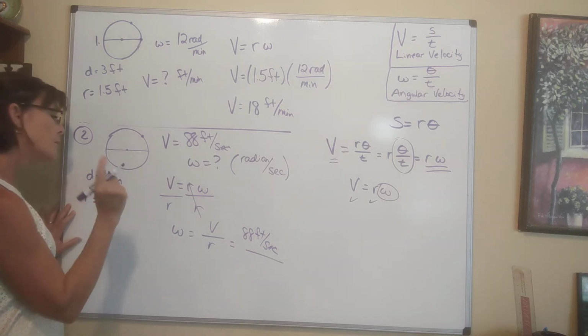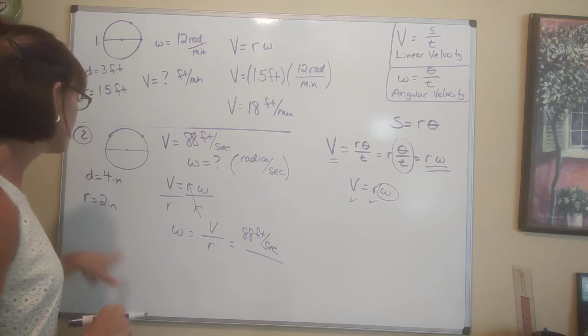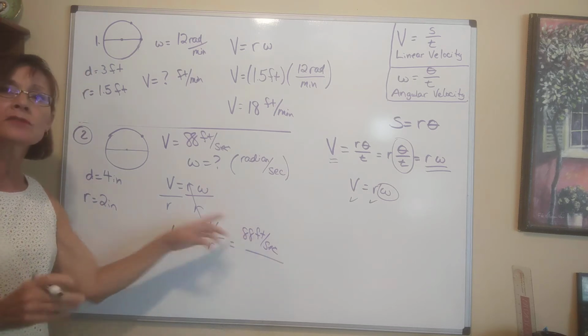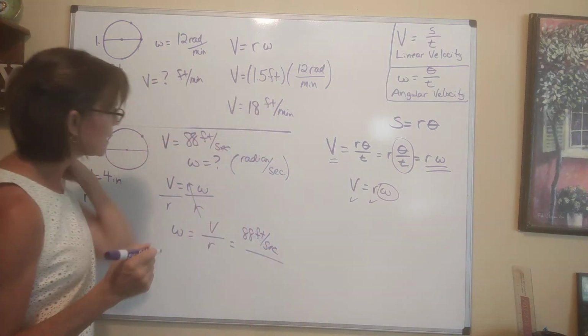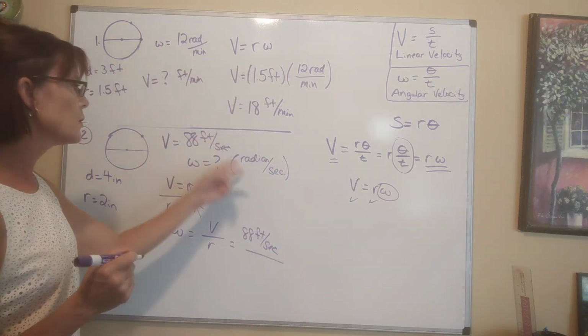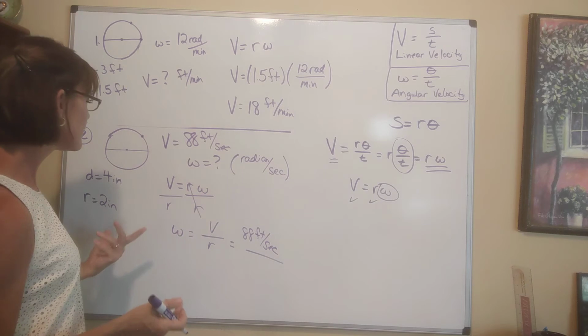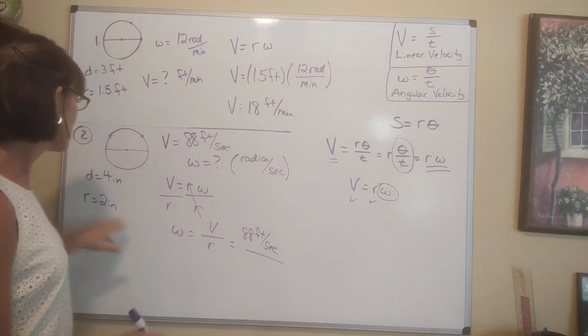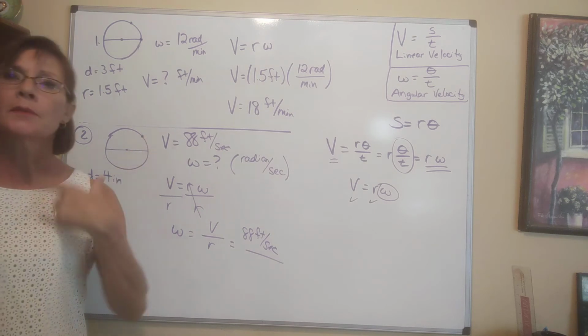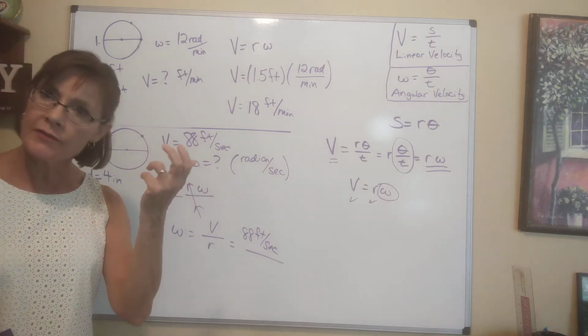But there's a little bit of a conflict because this is in inches and that's in feet, so I must do a conversion here. What did they want it in? They just wanted it in radians per second. So either I need to convert 88 feet into inches, or I need to convert 2 inches into feet. I'm going to choose to convert inches to feet.